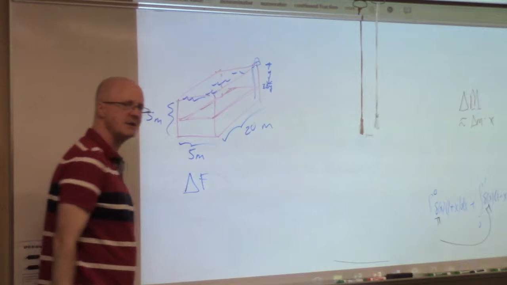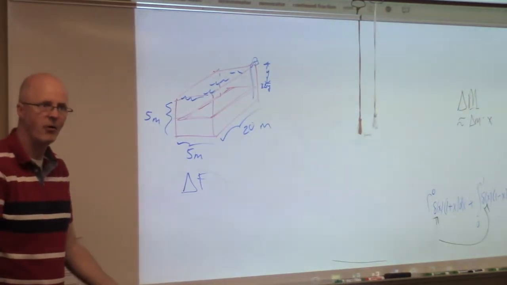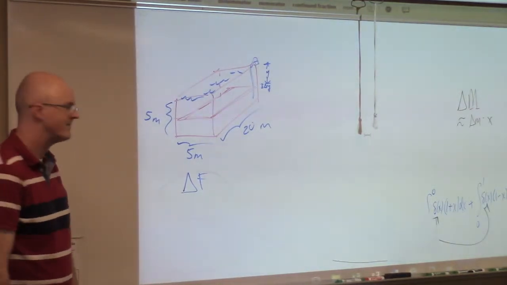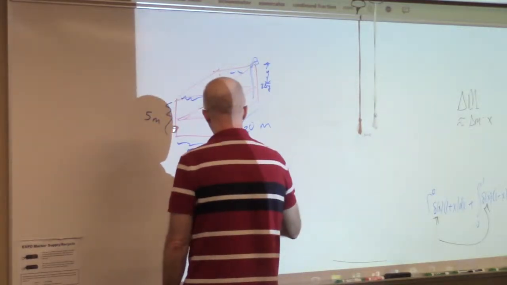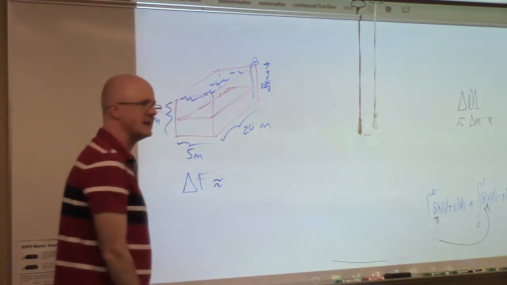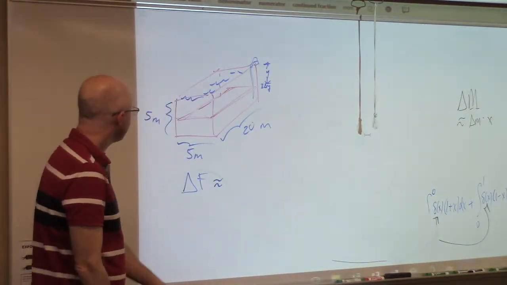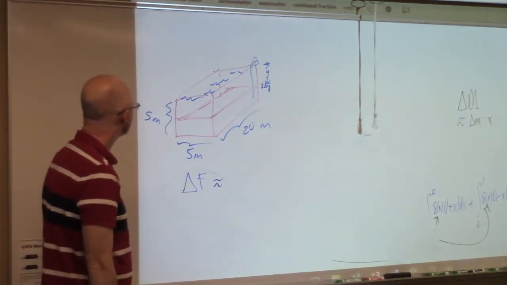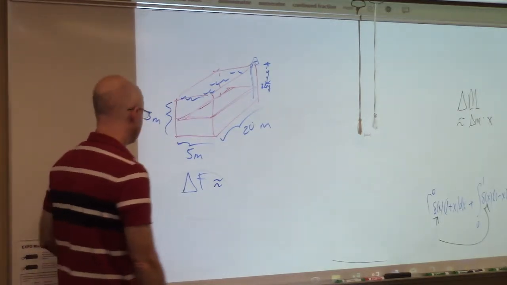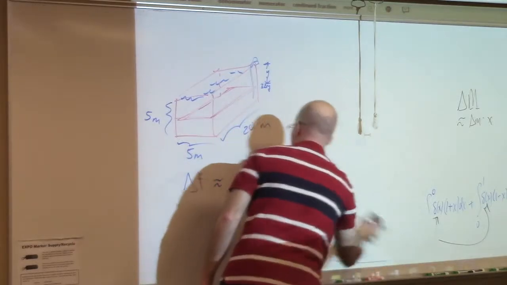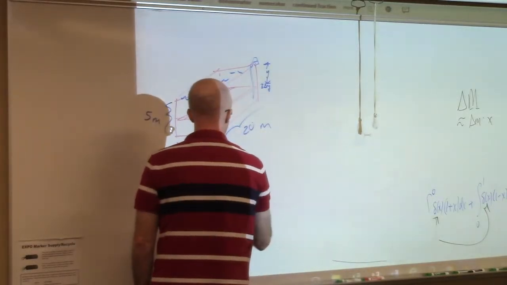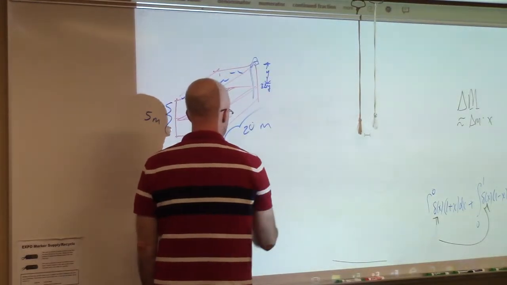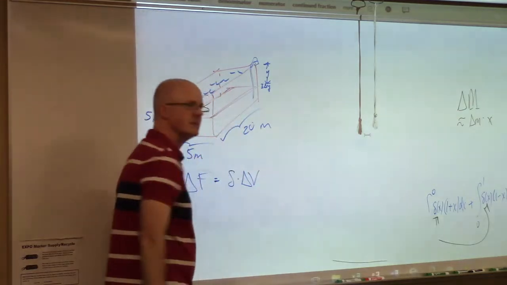The weight of that thin horizontal slab, which you might call delta F because it's a force, is, well, actually this would be an exact equation. It'd be the density of water times the volume of that water.